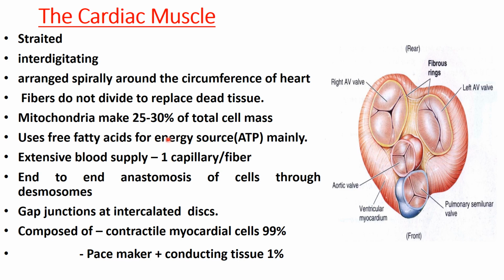There is an extensive blood supply to the cardiac muscle, that is, one capillary per fiber. The muscle cells have end-to-end anastomosis through desmosomes, and the gap junctions are present in the intercalated discs. You know of the gap junctions from your anatomy of the cell. I will be showing it to you in the next slide.